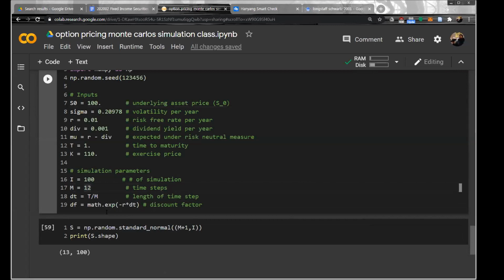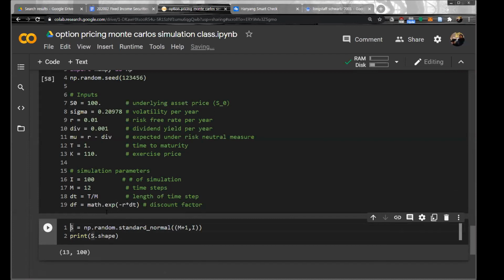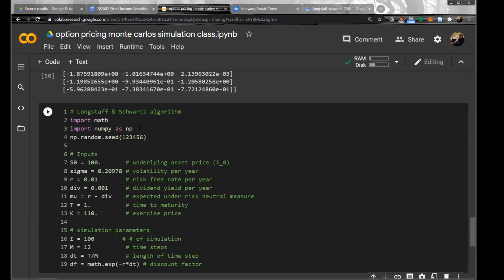Okay. And then because it's only random numbers, I have to multiply by the time step over here. I multiply by dt, but I have to take the square root of dt.